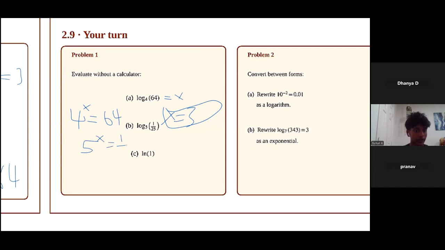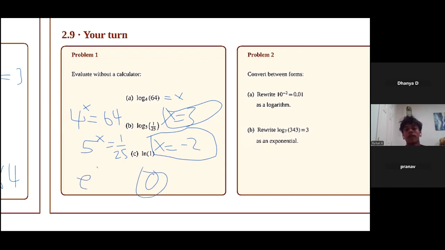Going a little faster here, x equals -2, since it's 1 over 5 squared, and 1 over makes it negative. ln of 1, remember our law that when the argument is 1 it has to be 0, so it's just 0. And we can check that e to the power of 0 equals 1.